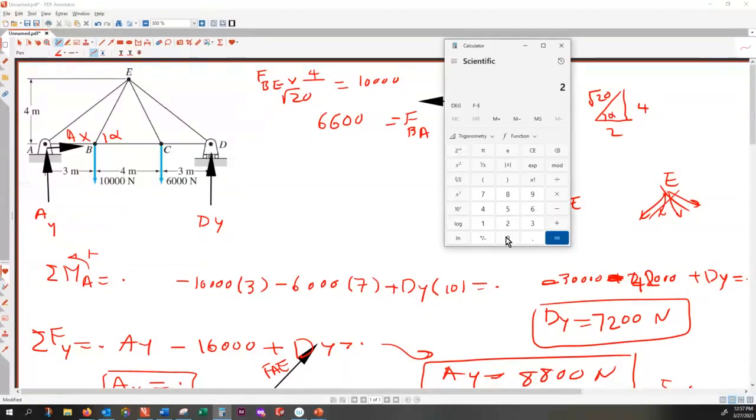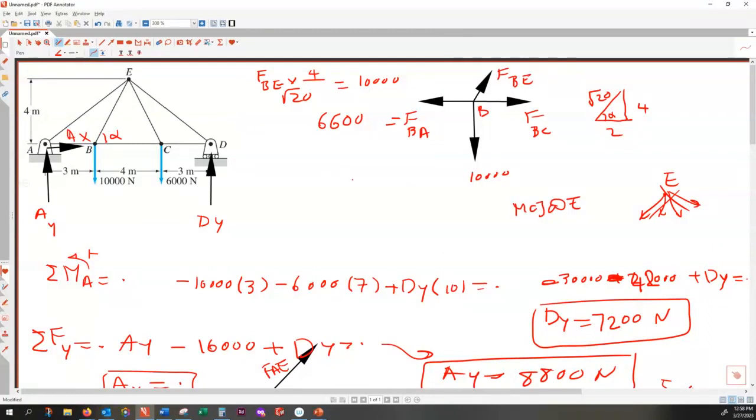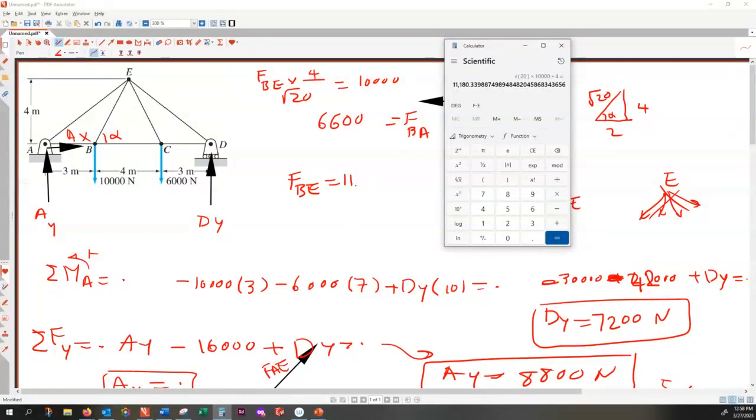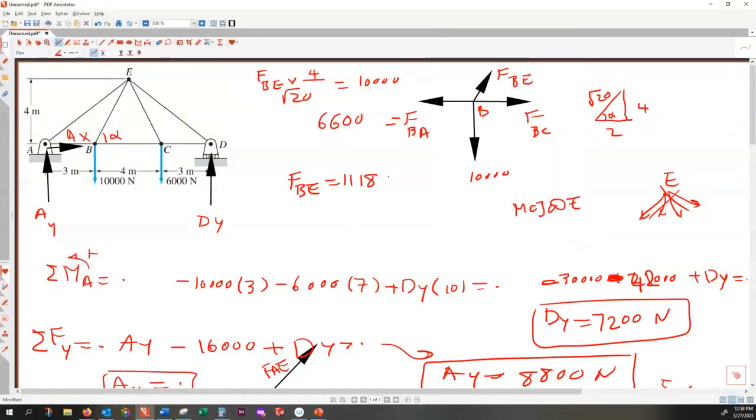So root 20 multiplied by 10,000 divided by 4. So FBE is 11,180. And that is in tension.